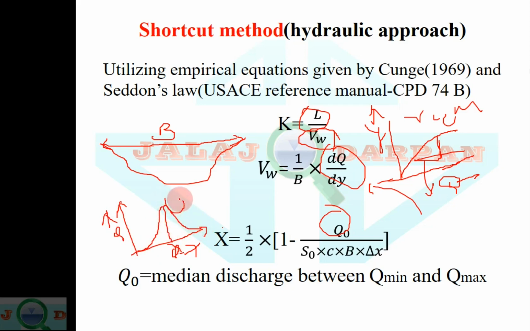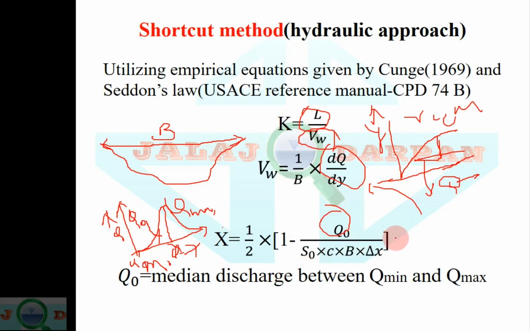This is the peak discharge at this point, and this is Q minimum, that is base flow, Q minimum and Q maximum. Take the median value between Q minimum and Q maximum, and it will come somewhere here. That is the reference discharge Q naught, and S naught is the bed slope.